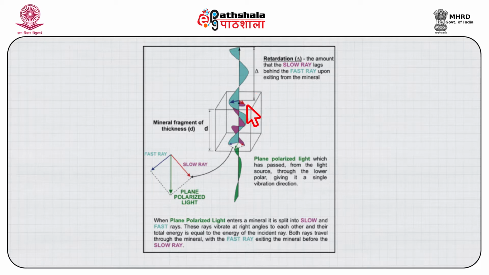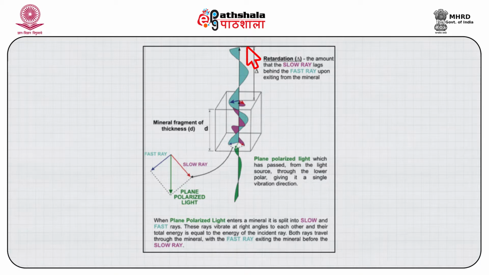This results in the phenomenon of interference. When these rays exit further from the upper polarizer of your microscope, if they interfere constructively or destructively, depending on that, we will see a variety of interference color or darkness in the mineral which we are observing.